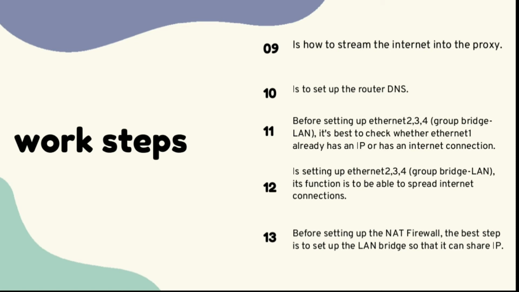Eleventh, before setting up Ethernet 2, 3, 4 or group bridge LAN, it's best to check whether Ethernet 1 already has an IP or an internet connection. Twelfth is setting up Ethernet 2, 3, 4 or group bridge LAN. Its function is to be able to spread the internet connection. Thirteenth, before setting up the NAT firewall, the best step is to set up the LAN bridge so that it can share IP.